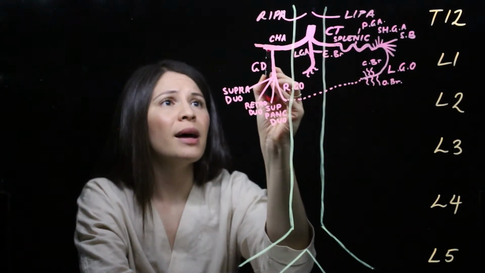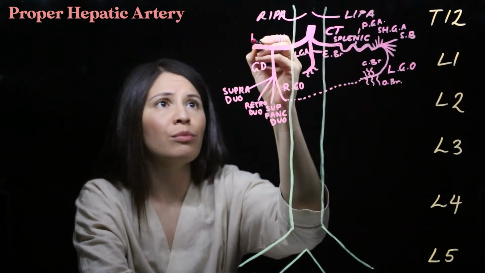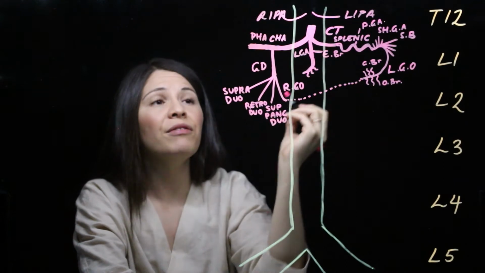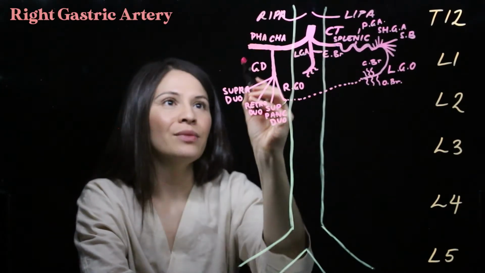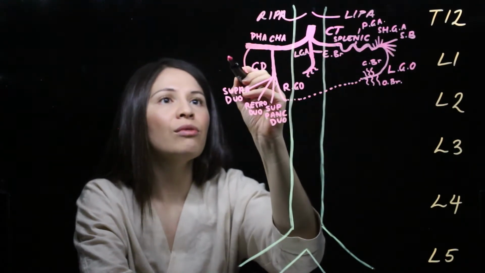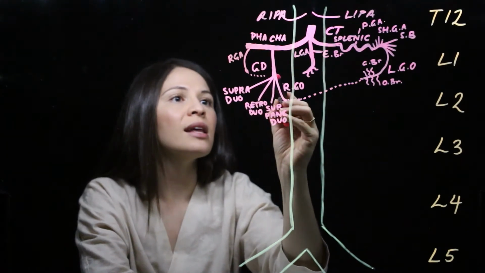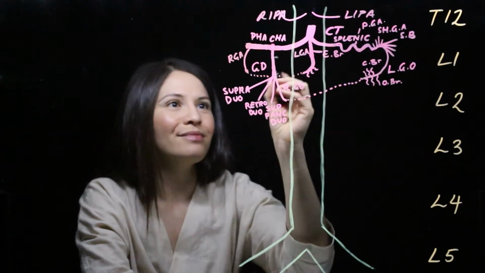So the common hepatic artery then turns into the proper hepatic artery. Coming off the proper hepatic artery, we have the right gastric artery. That comes down like this, and the right gastric artery is then going to anastomose with the left gastric artery.